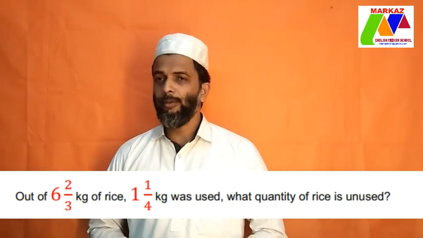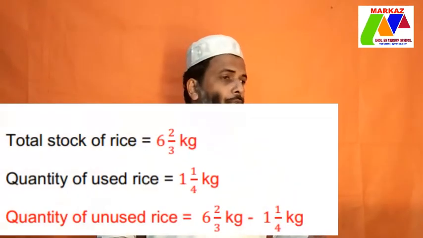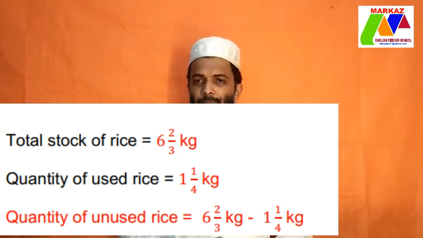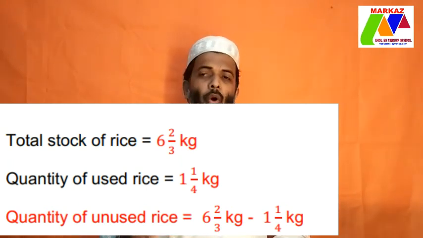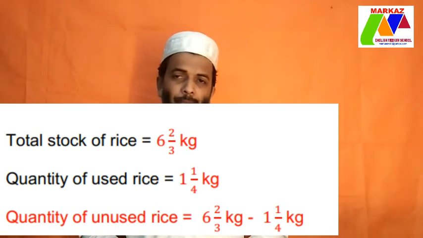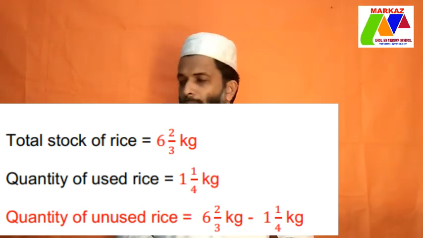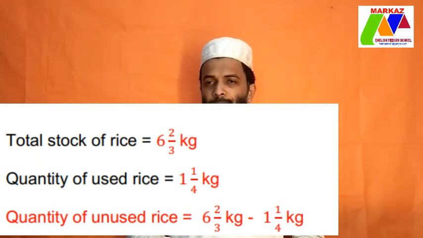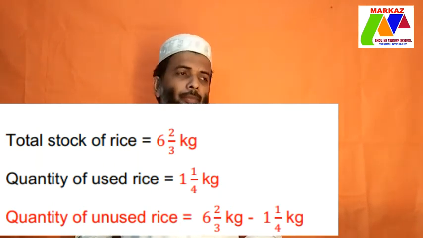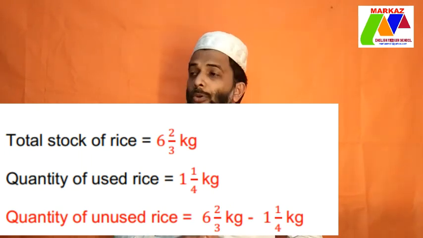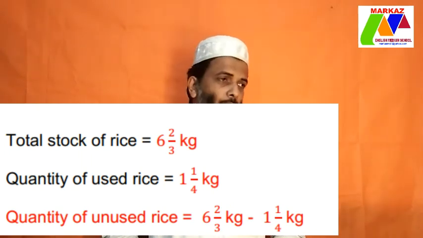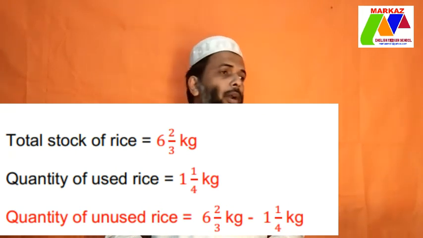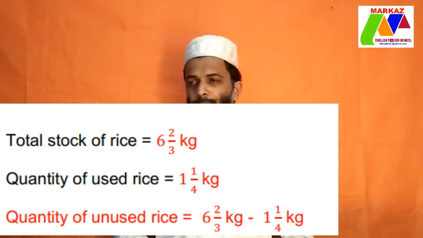Write the first statement. Total stock of rice is equal to 6 2 by 3 kilogram. Write the second statement. Quantity of used rice is equal to 1 by 4 kilogram. Third statement. Quantity of unused rice is equal to 6 2 by 3 kilogram minus 1 by 4 kilogram.